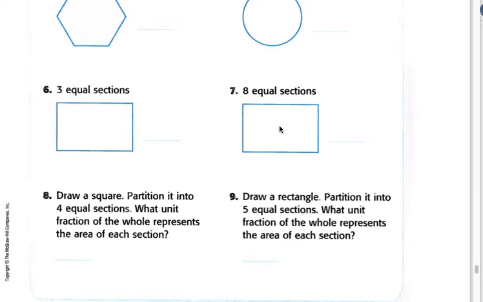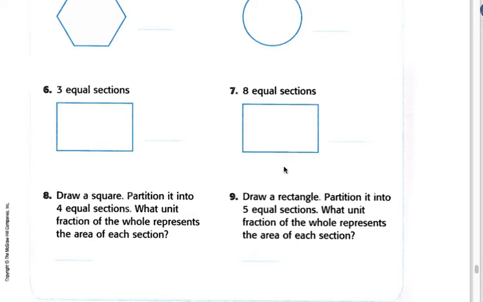Okay, now this one's going to be a little bit hard too, but listen carefully. Draw the figure in half. Now draw that section in half. So now we have 4. So we went from 1 to 2 sections. We drew it in half again. Now we have 4. What you're going to do is divide those in half.